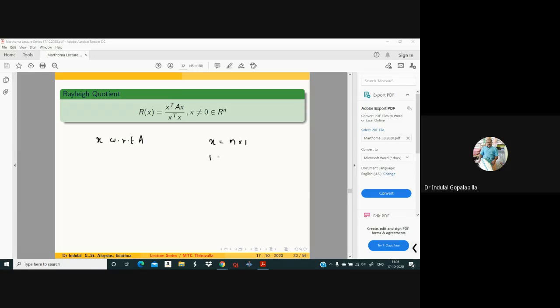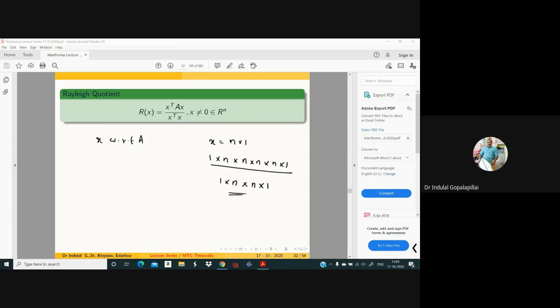X transpose is 1 by n, A is n by n, and X is n by 1, so this is 1 by 1, a scalar. And X transpose X is 1 by n times n by 1, so this is also a scalar. If X is not equal to 0, this definition is valid, since X transpose X is never 0 if X is not equal to 0.